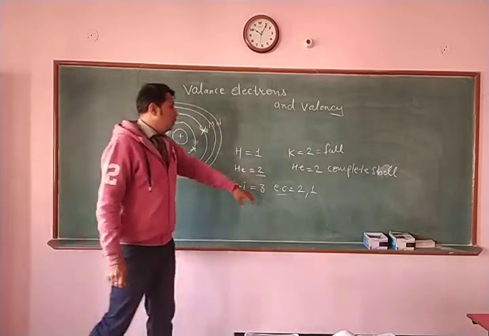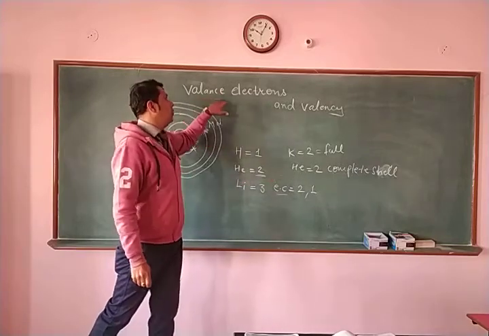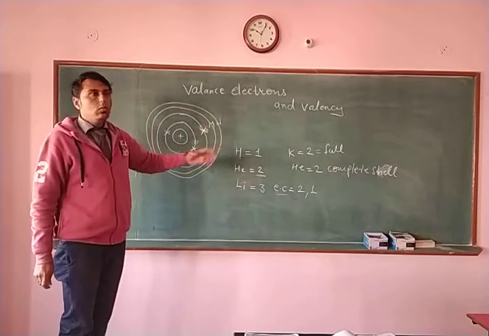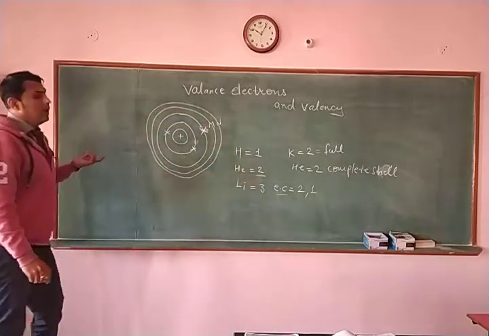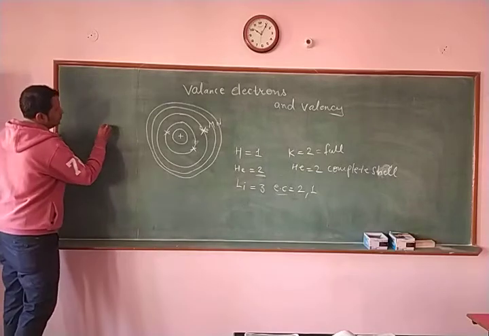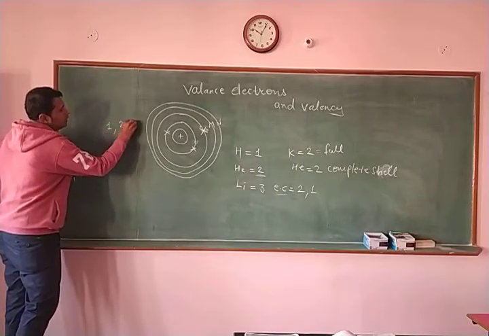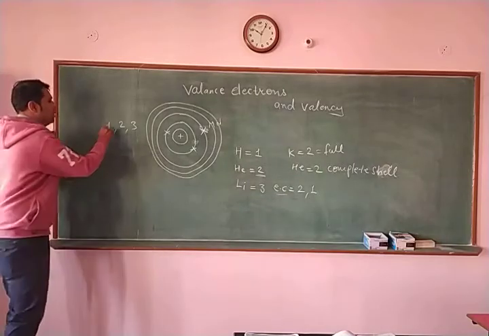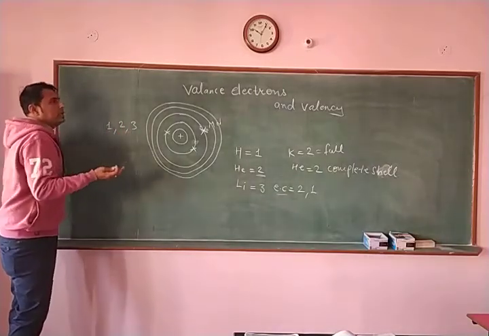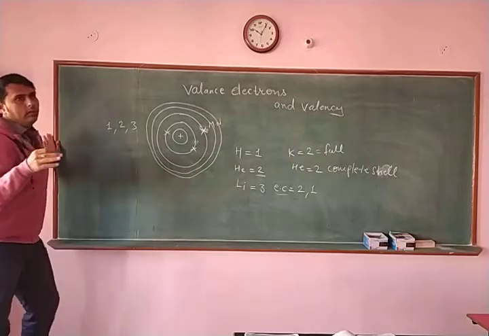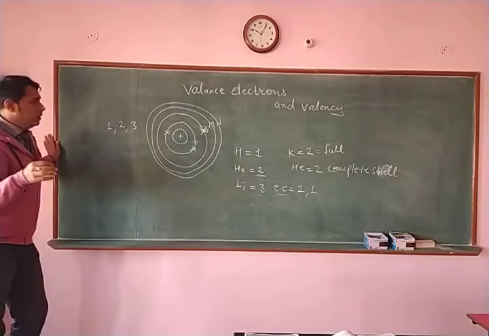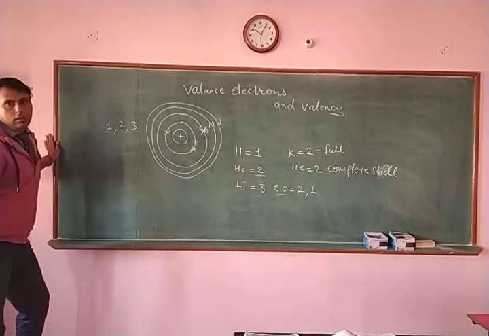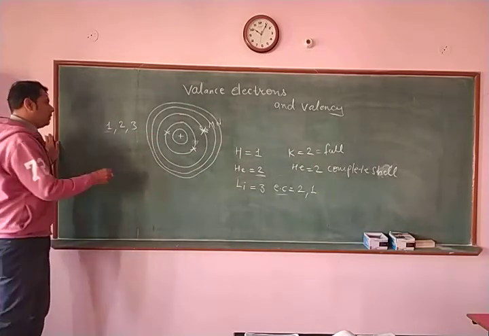Now, if we talk about valency, how many valence electrons? For those elements which have 1, 2 or 3 valence electrons, we say that it is equal to the valency of that atom. If hydrogen is showing 1 valence electron, the valency will also be 1.